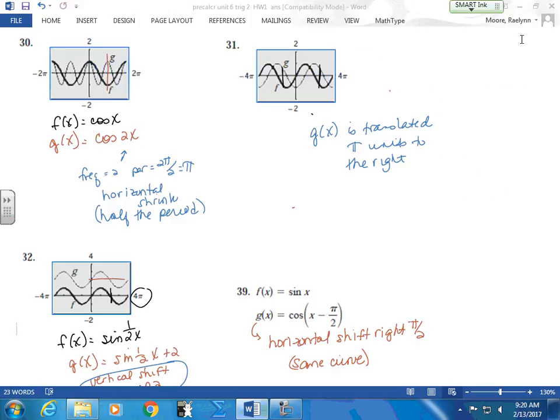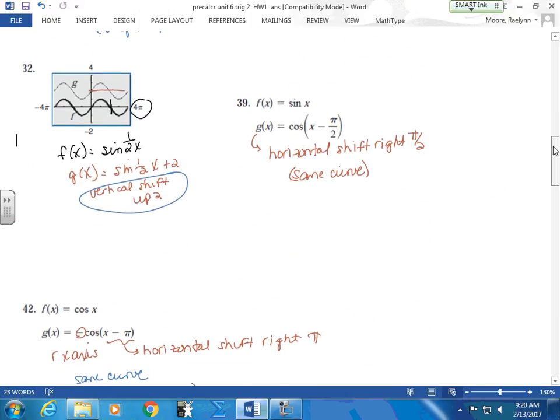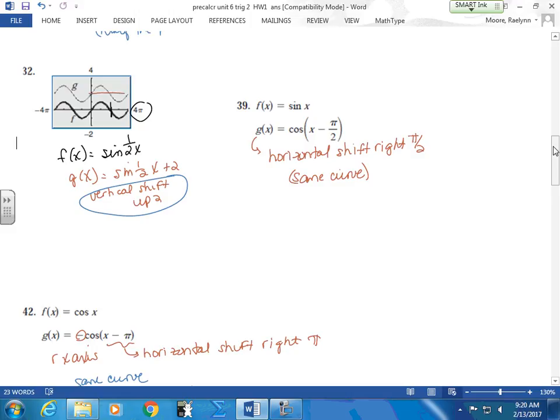This is really what I wanted you to get out of this lesson, since we are barely getting through graphing them, so that you could see what you're looking at before you actually start graphing it. This guy started here, 1, 2, 3, 4. So he was at a regular sine curve, and this is a translation.